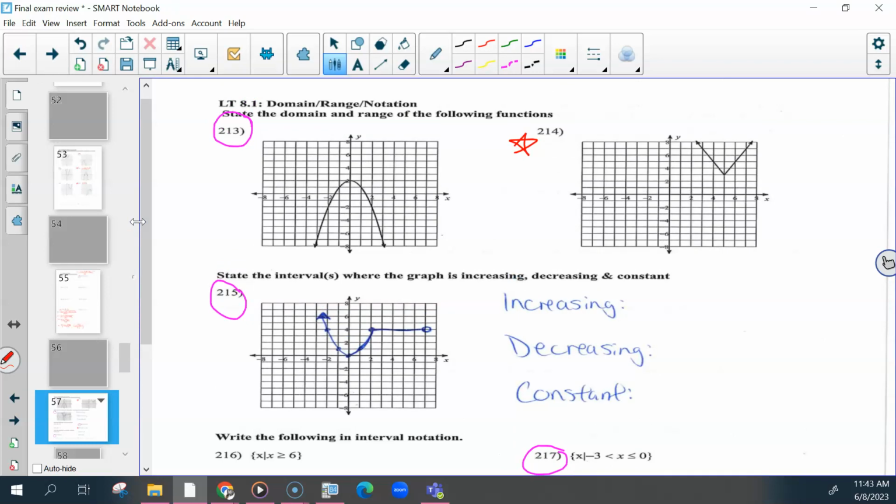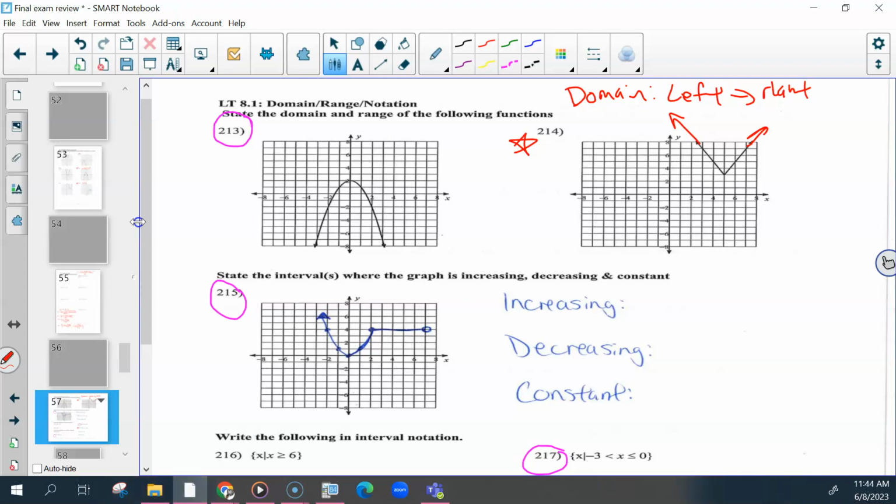So we're looking for the domain and the range of this. Domain, we're looking left, right. Just putting this as a side note. So furthest point to the left, furthest point to the right. Because this has arrows, this is going to keep going left and keep going right.